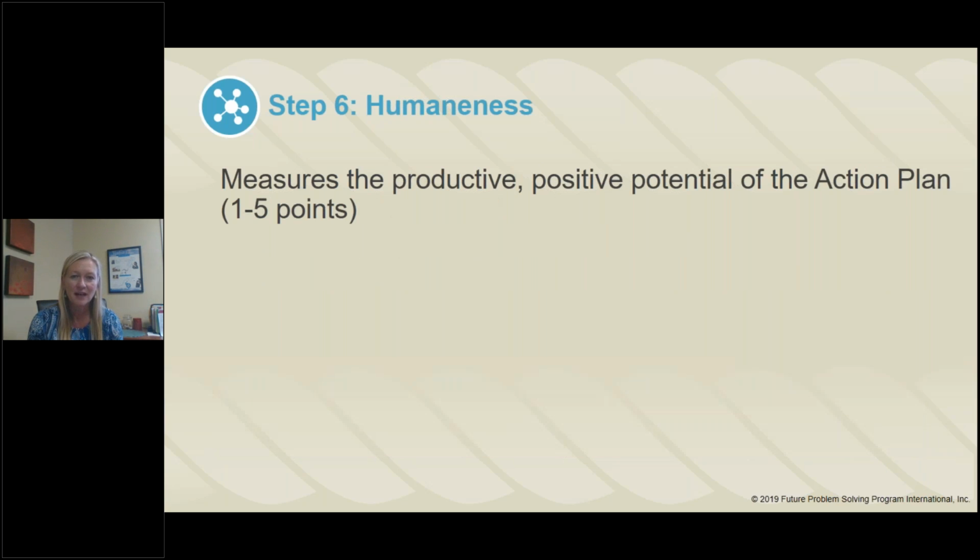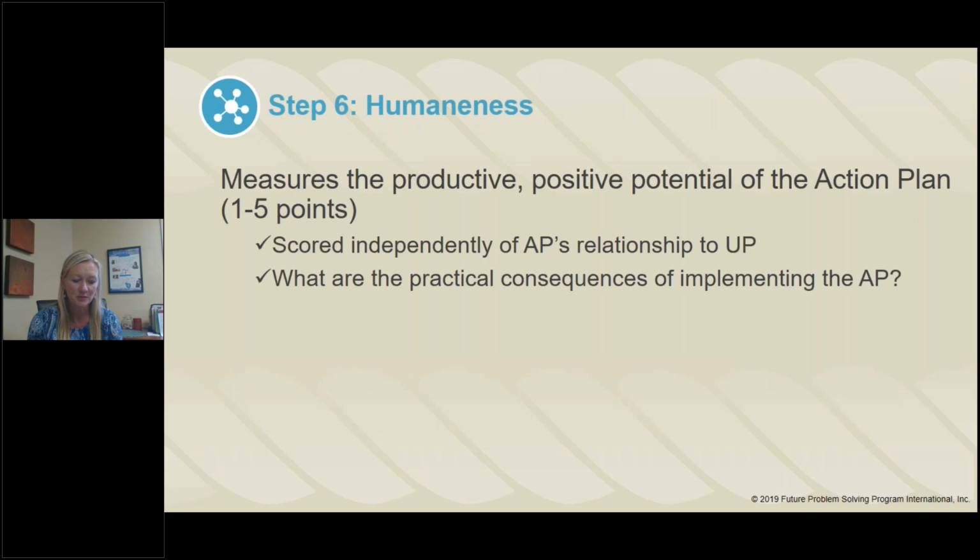Okay, humaneness. This is that productive, positive potential of the action plan. This is scored independently of its relationship to the underlying problem, and this should look at the practical consequences of implementing this plan.